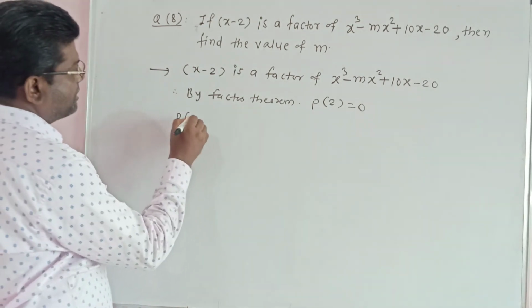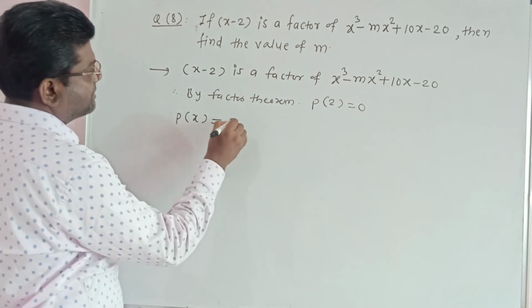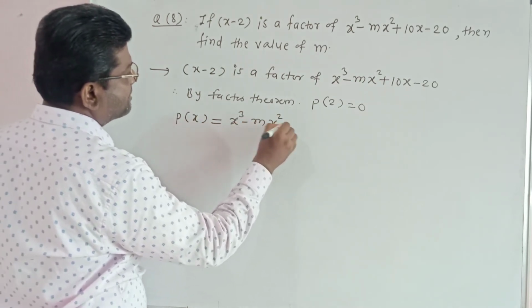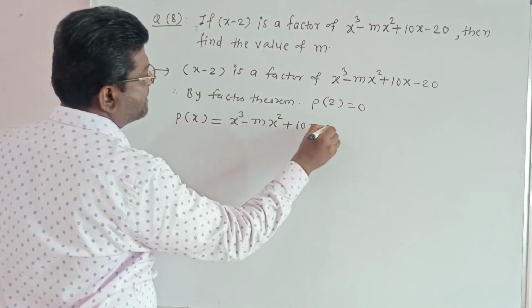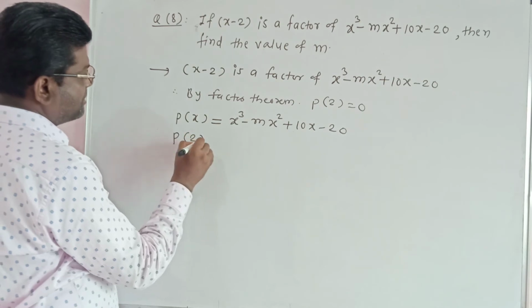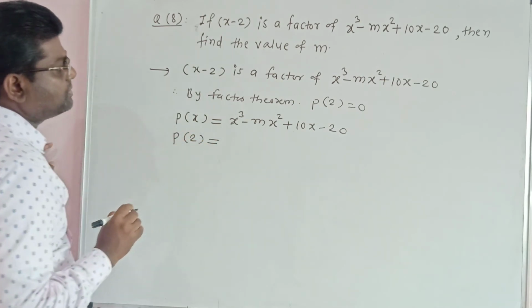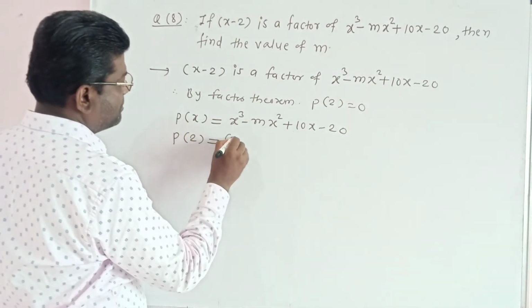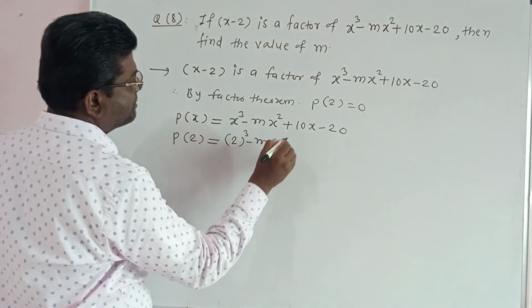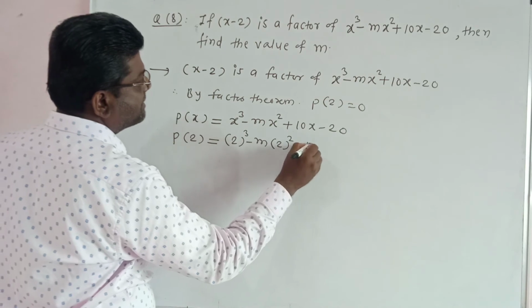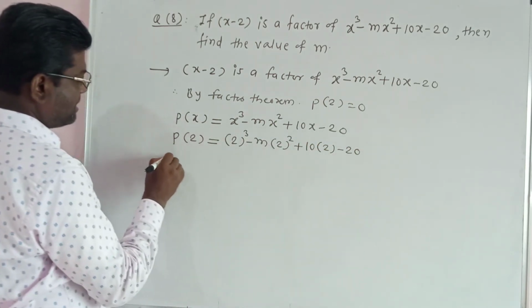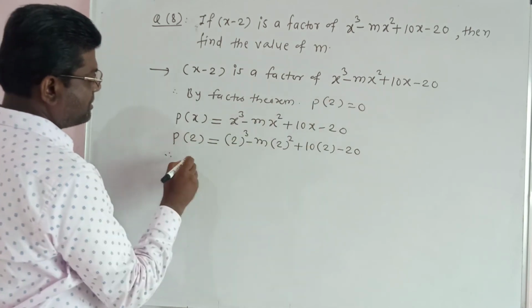Now the given polynomial is p(x) = x³ - mx² + 10x - 20. Therefore put x = 2, that is p(2) = 2³ - m × 2² + 10 × 2 - 20. Here p(2) is equal to 0.